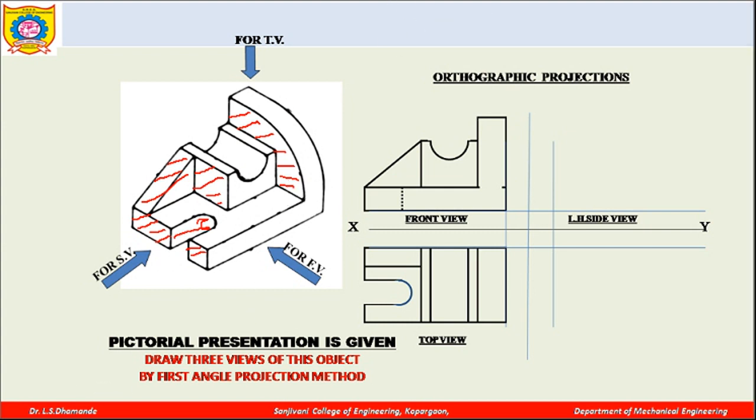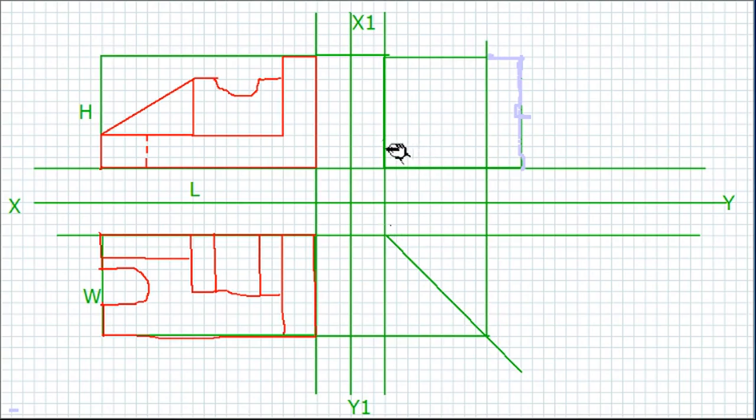So let us draw it. So there is a base plate like this. We can take the positions on that side view. Here the base plate is completed. So from here to here and from here to here like this.